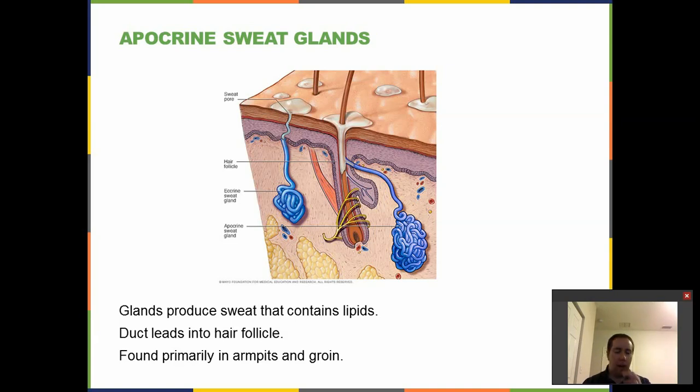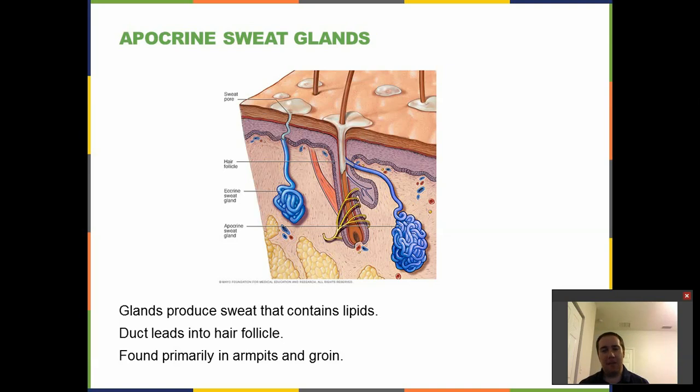Now let's focus on armpits. What can you tell me is a very well-known fact about armpits? It's hairy. Yeah, it's hairy. Okay, what else? Smells. They smell, right?